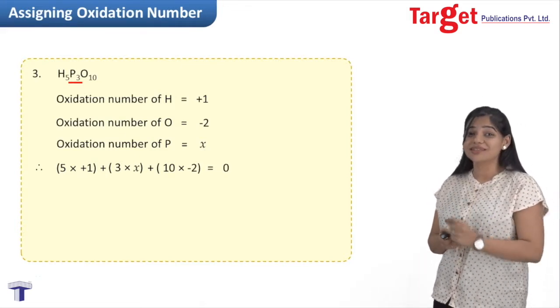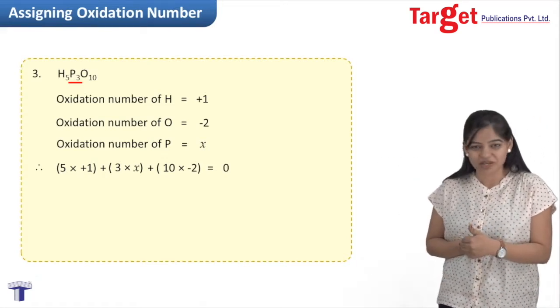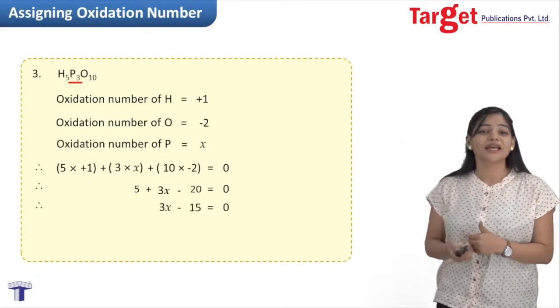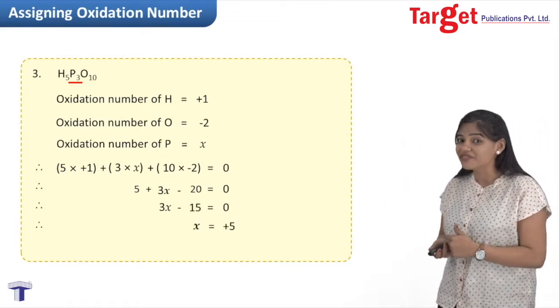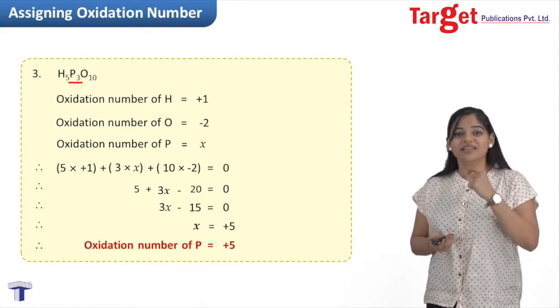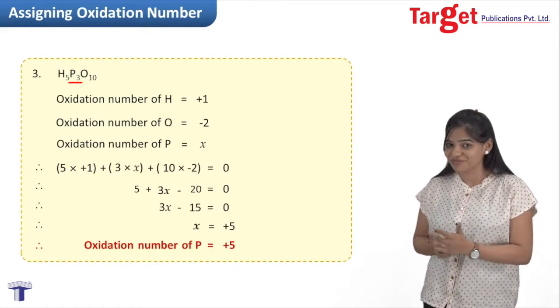And we'll equate the total oxidation number to 0 as this is a neutral molecule. So with simple calculations, the X value comes out to be +5. That is, phosphorus has lost 5 electrons, and hence in this molecule the oxidation number of phosphorus is +5.